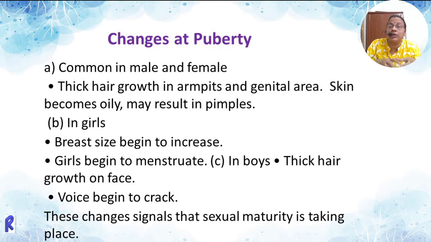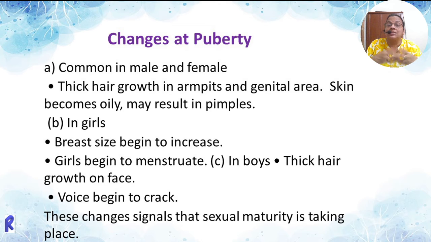Once this happens, the boy is changing into a man. And in his testes, the sex cells will start producing. The male sex cell is called sperm. From his testes, the sperms will be produced, and they will be ejected out through the penis.